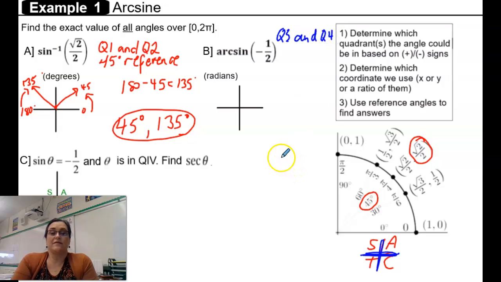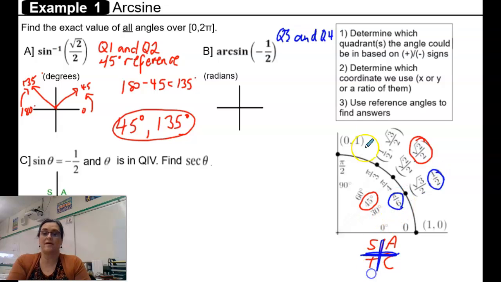Okay, next we want to find the reference angle, the angle that has a y-coordinate of 1/2, and in radians that is a pi over 6 reference. So if I need to reflect my pi over 6 in quadrant 1, I'll just dash it here. I want to reflect that into the fourth quadrant.